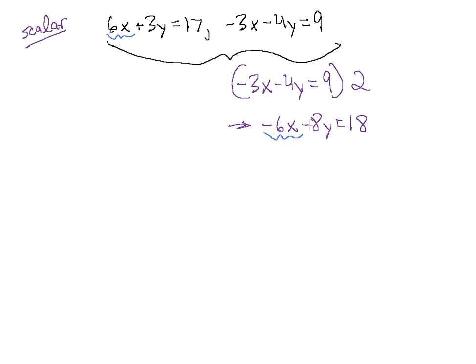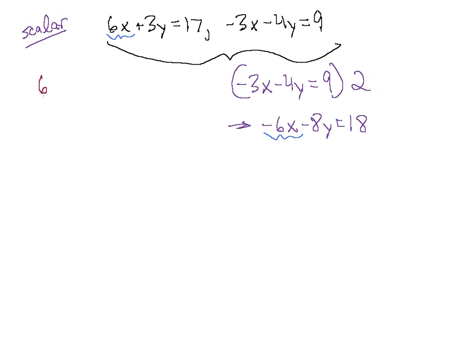This is the same equation as before. We just changed the form by a factor of 2, called a scalar. So now we can use the elimination method and add these two equations together, and 6x and minus 6x will cancel, leaving one equation with one variable, the variable y, that we can solve for. All right, so let's go ahead and do this.